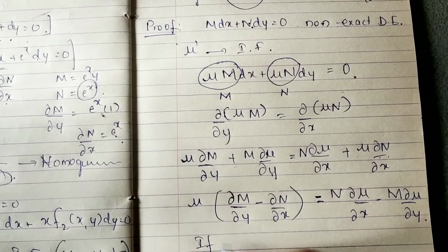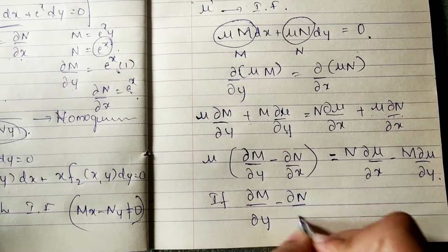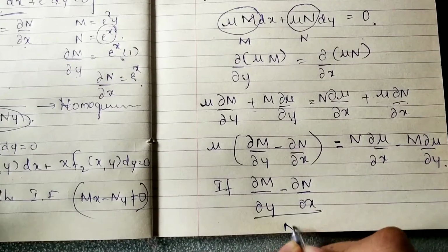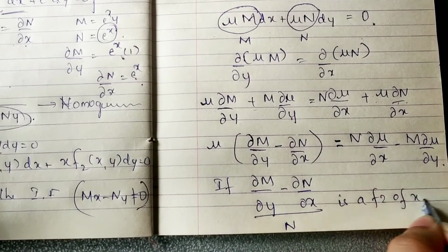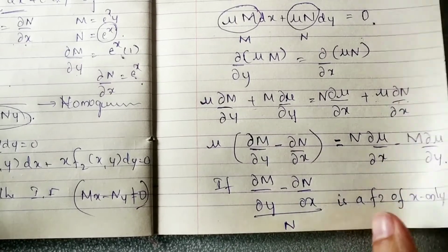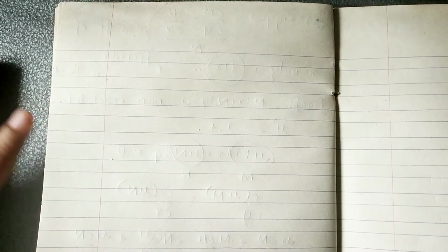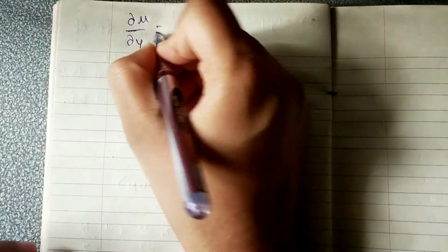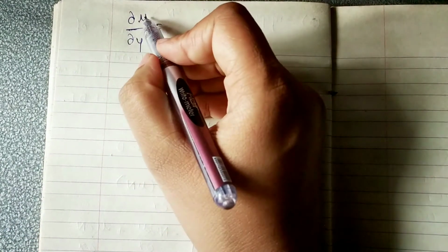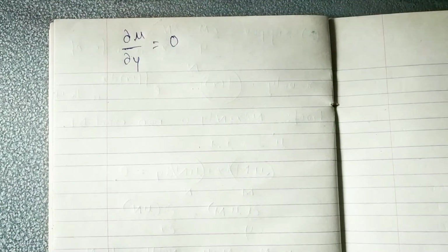Again, if dou M by dou y minus dou N by dou x, divided by N, is a function of x only, we are applying the condition. Then since it is a function of x only, dou mu by dou y will be equal to 0.